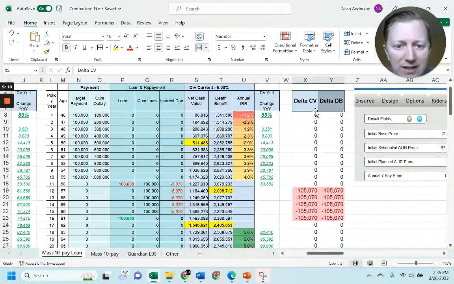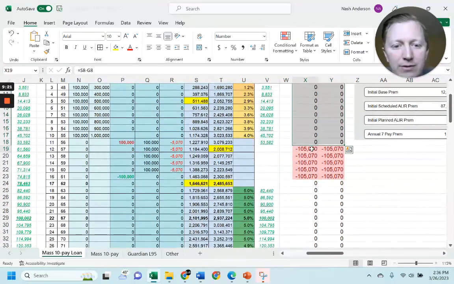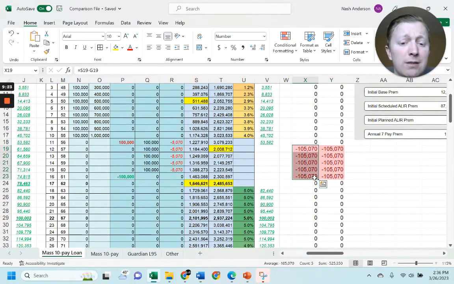Now, I actually did a double check as well, just making sure in each year the cash value and the death benefit, we want to see zeros here. This means they're identical. There's no difference. Now, during the loan years, not only is the policy collateralized by the $100,000 loan, but also by the policy loan interest, because that interest is billed and due on the following policy anniversary date, and it's going to reserve that interest up front, so it adds to your loan balance.